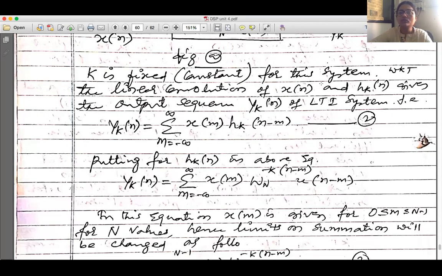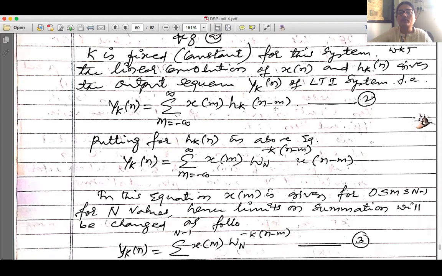The linear convolution of x of n and hk of n. hk of n is representing only the selected impulse response for only selected values of DFT. And when this linear convolution is applied between x of n and hk of n, the selected values of the output sequence are obtained here.